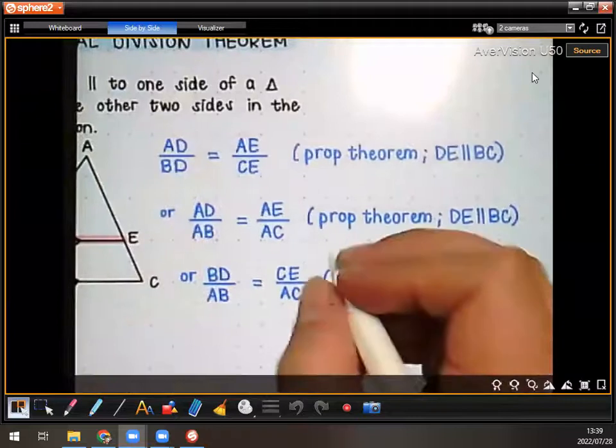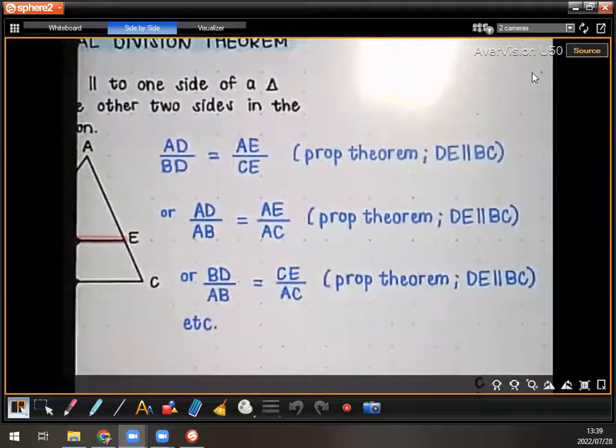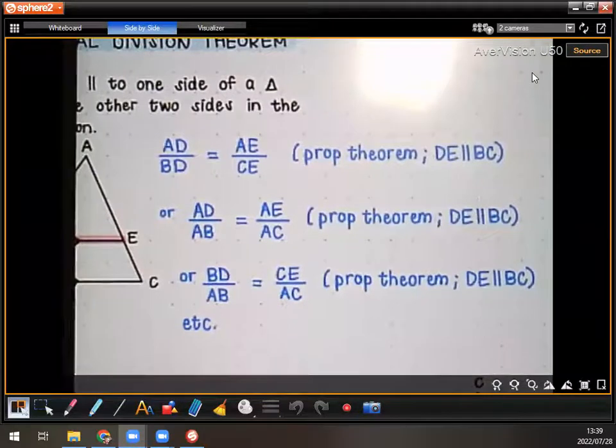And I'm just going to write etc. Okay, you could actually carry on. You could also do small side over bigger part equals small side over bigger part, big part over top part, big part over top part.